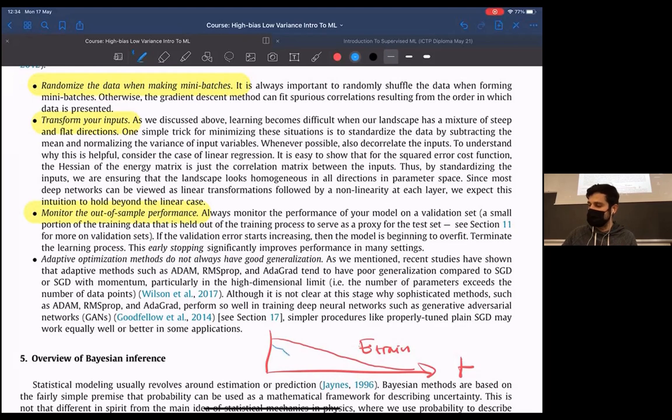It will decrease, and maybe at some point it will increase again. Above this point here, you start to overfit. So as time goes on, you should track both the in-sample error and the out-of-sample error, the training error and the prediction error. And you should stop when you see that you reached a minimum for the prediction error. This is called early stopping.